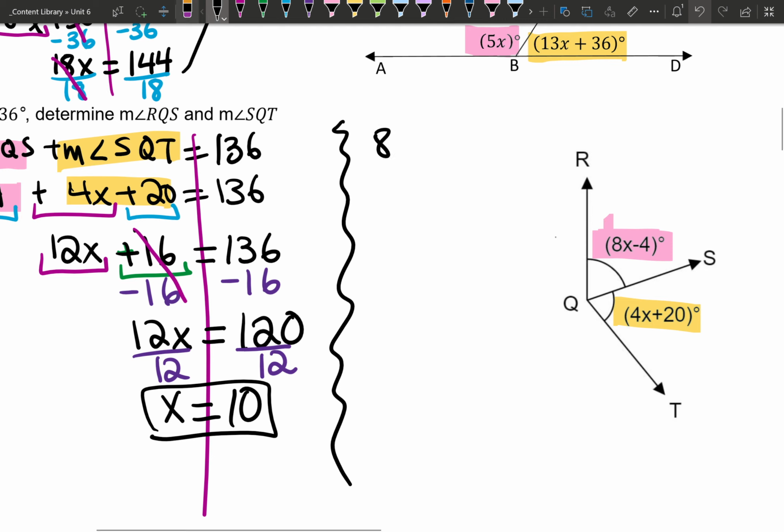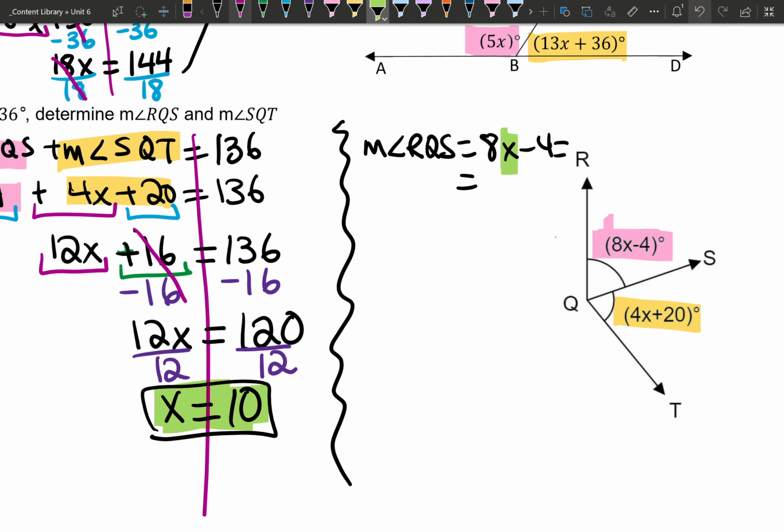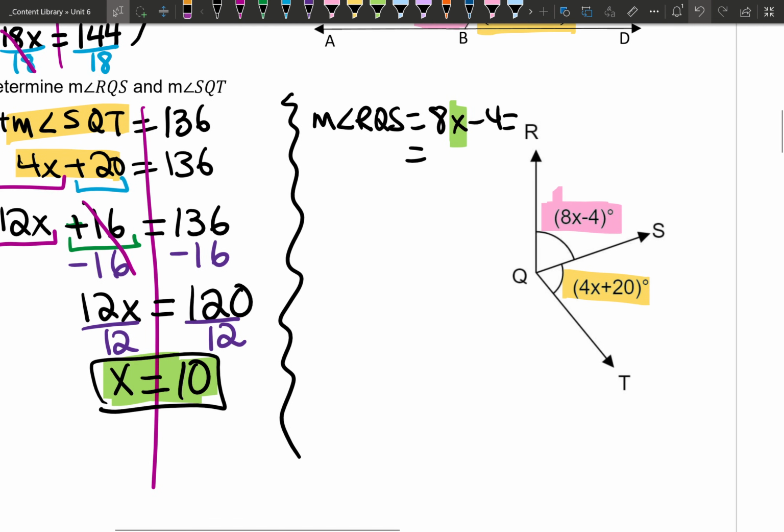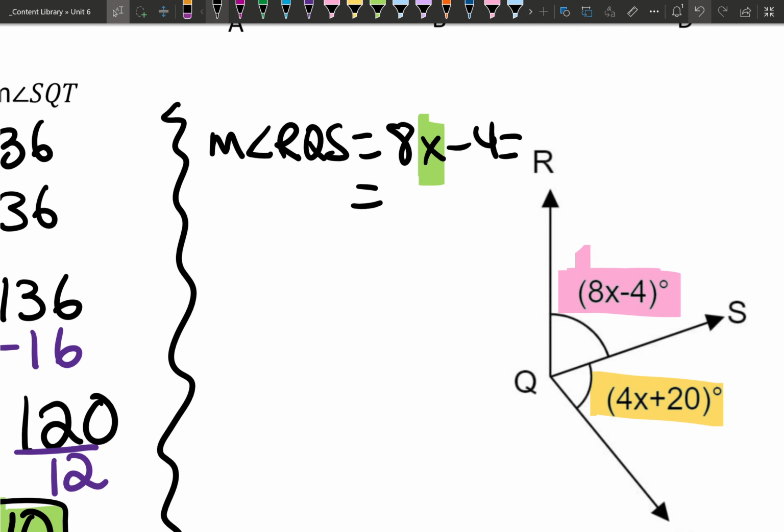Well, RQS, so the measure of angle RQS is 8x minus 4. We found that x is 10, and let's color code it. So really, that means we're doing 8 times 10 minus 4.